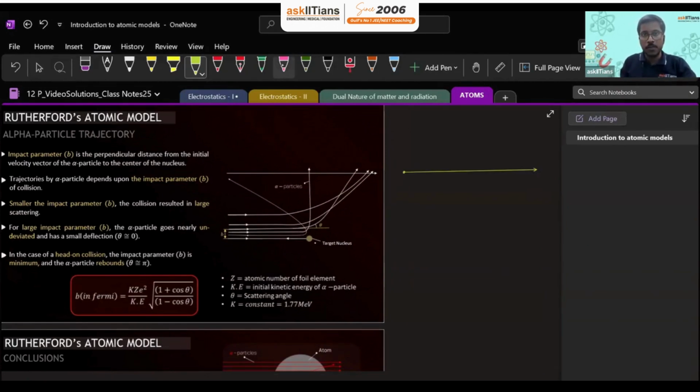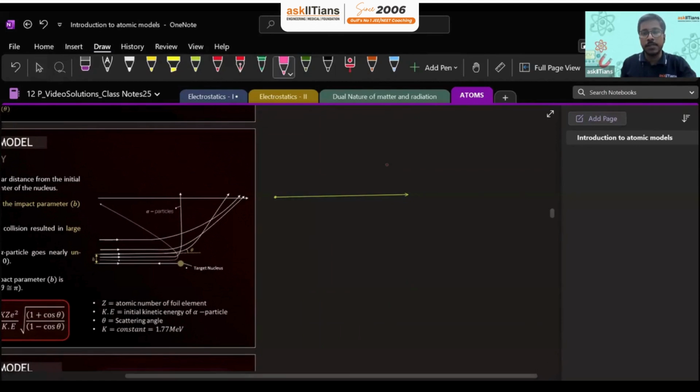Now, supposing the nucleus is at this point, and because of the small repulsive effect from the nucleus, the alpha particle gets deflected slightly, like this. So this is the new path of the alpha particle.